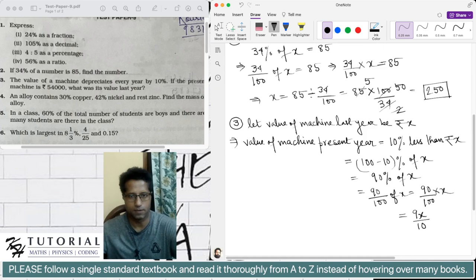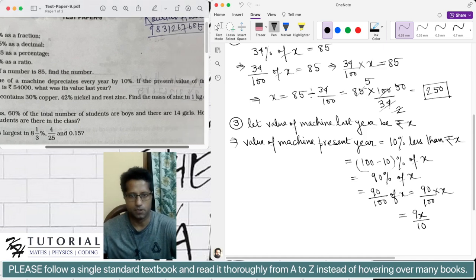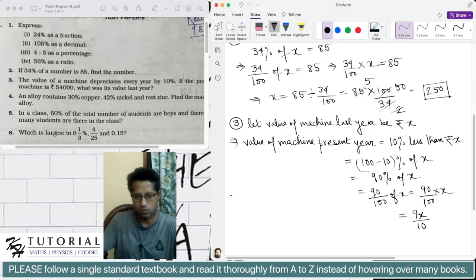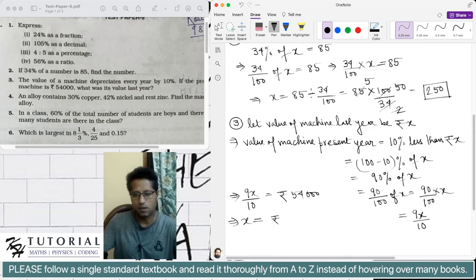Now it is also given that the present value of the machine is 54,000, so we can say 9x by 10 is equal to rupees 54,000. This implies x will be equal to rupees 54,000 divided by 9 by 10.